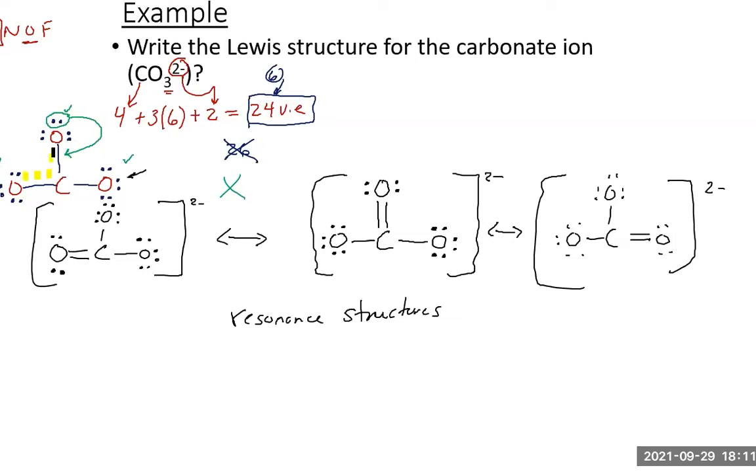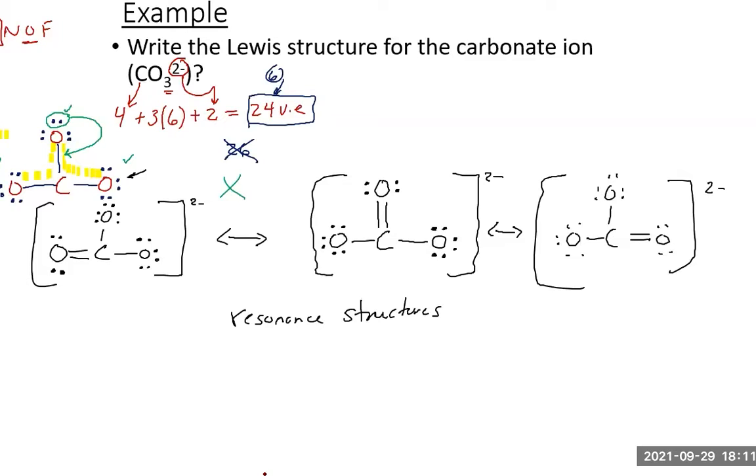At some other point in time, they may be up there in the middle, and at some other point, over there on the right. So whenever you have an option like this where you need to draw a double bond and you have more than one option for where you could put it, you could draw another structure which is just as good and is referred to as a resonance structure.